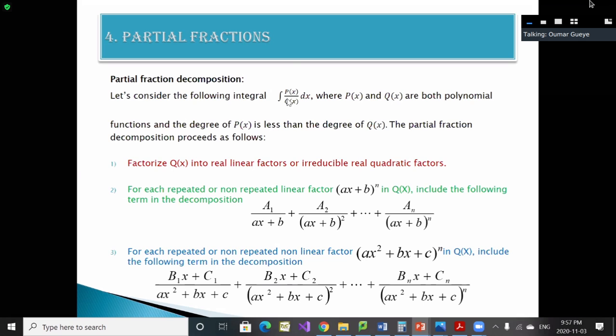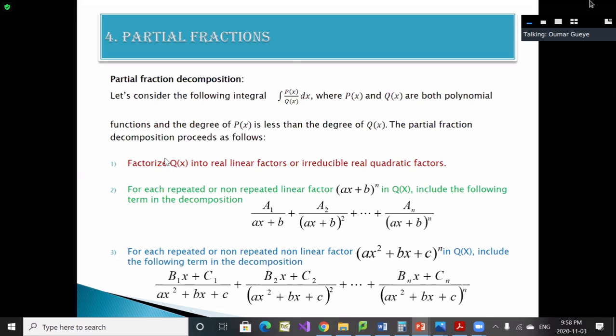All right. We have to integrate p of x over q of x, where p and q are both polynomial functions. And we assume the second condition is satisfied, so the degree of p, the numerator, is less than the degree of q, the denominator. Since the two conditions are satisfied, we're ready to apply the technique.